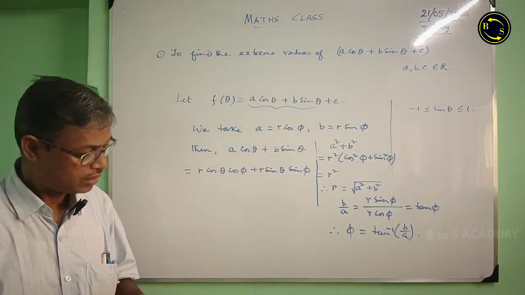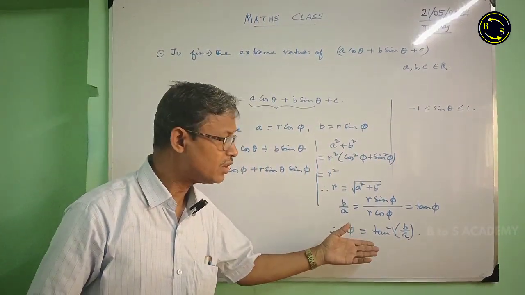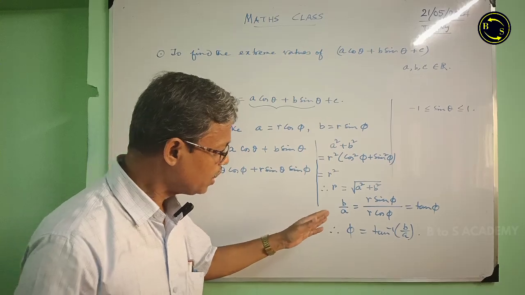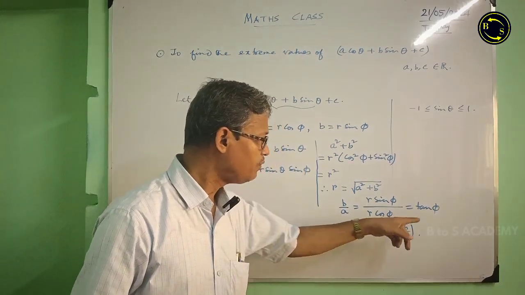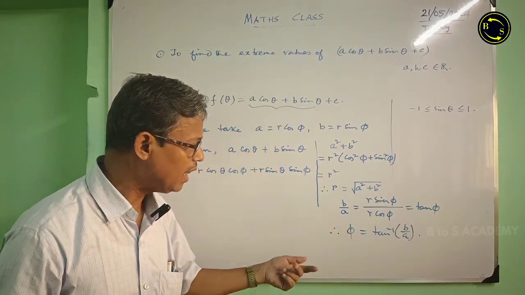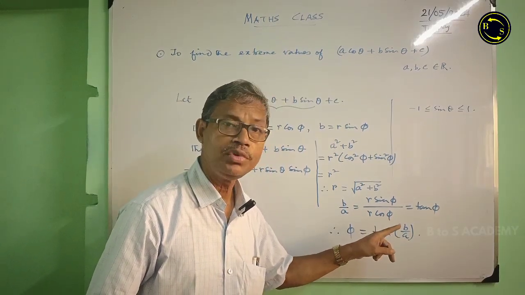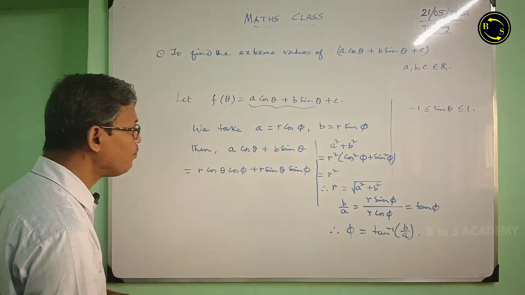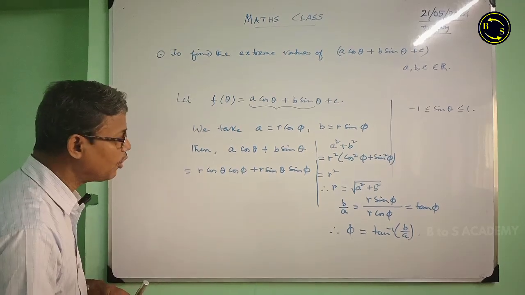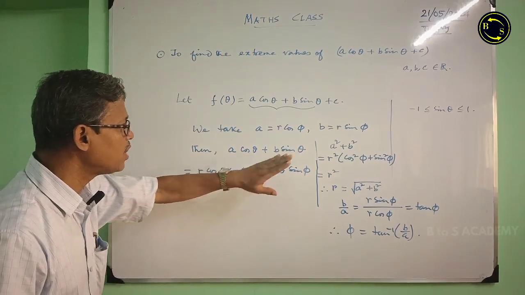Though the inverse circular function is not discussed, we just use this symbol here. If tan phi equals b by a, then phi is represented by tan inverse b by a. Now let us come to this point, a cos theta plus b sin theta.